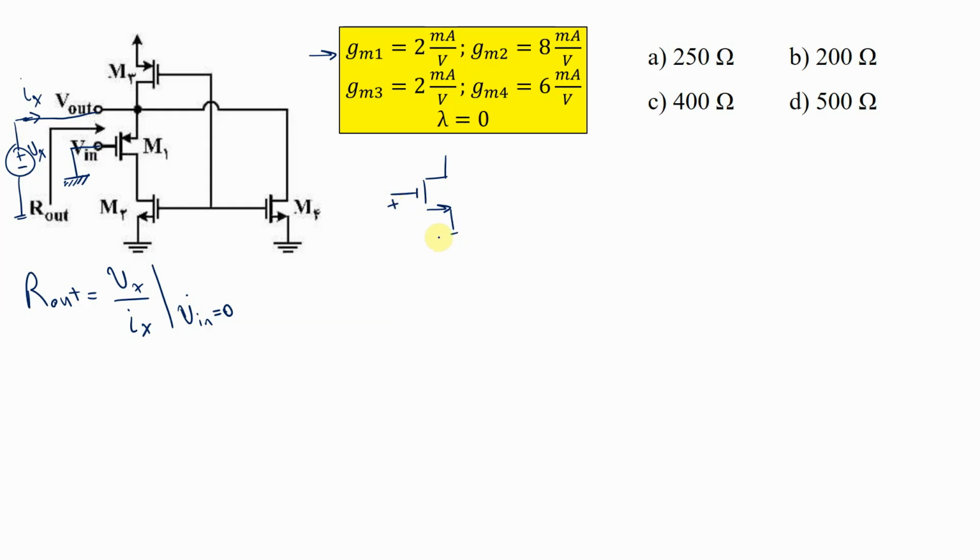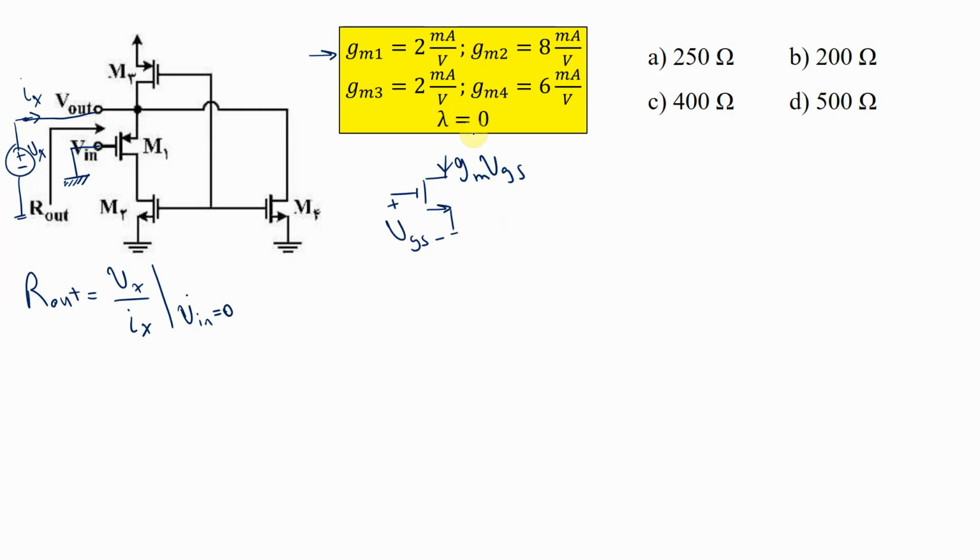You see, this is gate, this is source, so VGS, and the direction of current is going to be gm VGS from drain to the source. And if you use another polarity for VGS, for example, if you put the plus sign of VGS on the source, the direction of the current has to be reversed.